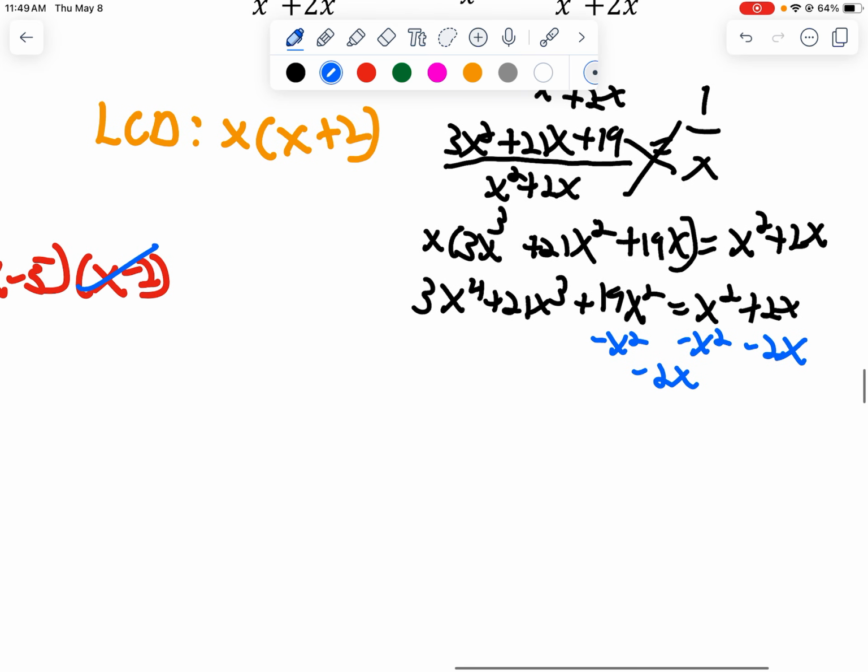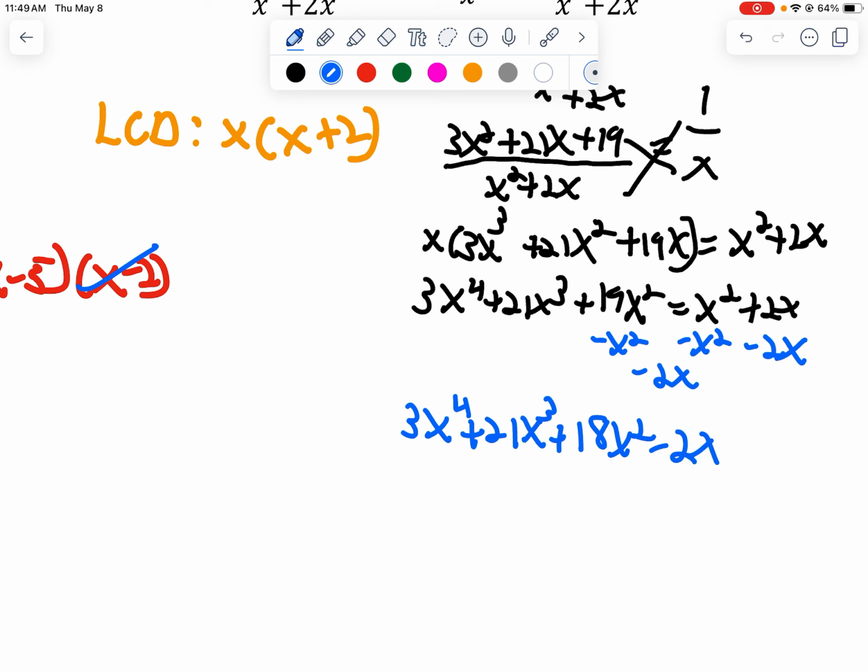So we have this, 3x to the fourth plus 21x cubed plus 18x squared minus 2x. And the 2x came from this. And that's got to equal 0.